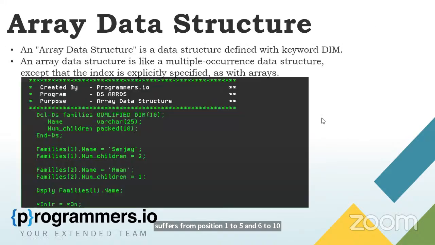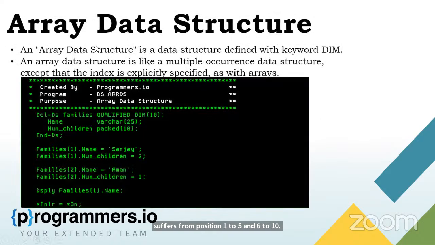Then we will be having the array data structure. If you see, we are creating a data structure and qualifying it, and I'm using DIM. DIM 10 means it is an array. And I'm declaring two subfields: name, which has a length of 25, and num_children, which will be 10 characters, 10 numeric.